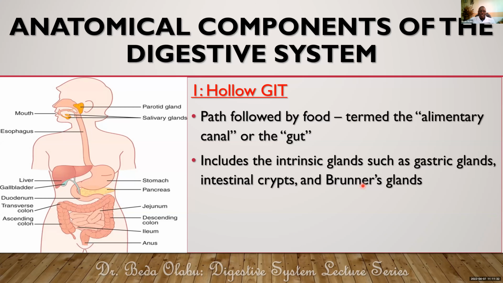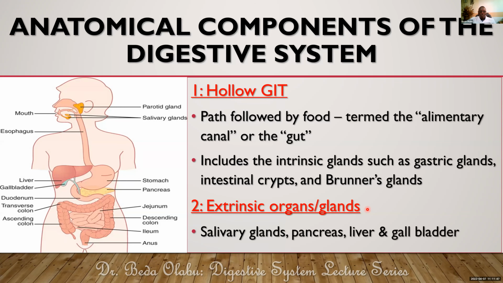So this is just to mention a few of the intrinsic glands within the digestive system, as opposed to what we want to cover today, which are the extrinsic glands or organs. These are basically organs which are not within the wall of the digestive system, but they produce their secretions which enter the alimentary canal. They're not within the wall of the gut tube, but their secretions enter the lumen of the alimentary canal. Those are our subject matter.